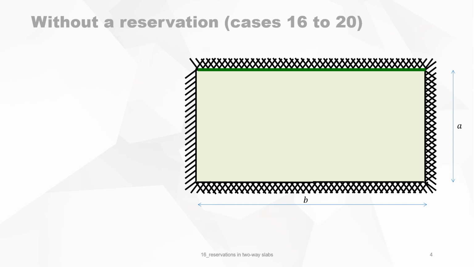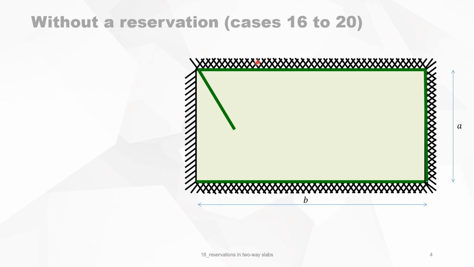So for the slab without a reservation, we use the method of the yield lines, and for the negative bending moment on this side, we have a yield line. Same happens on the right-hand side and on the bottom. Then in the corner, we have the 45 or the 60-30 degree rule.